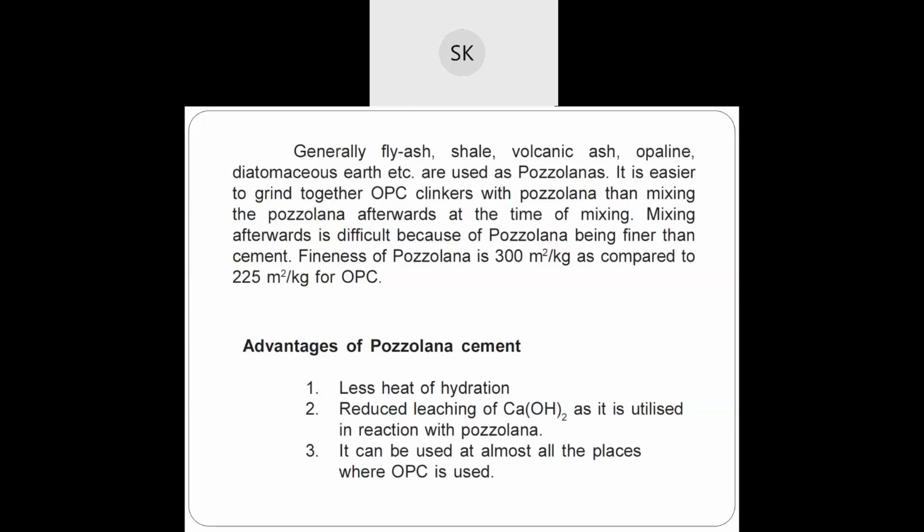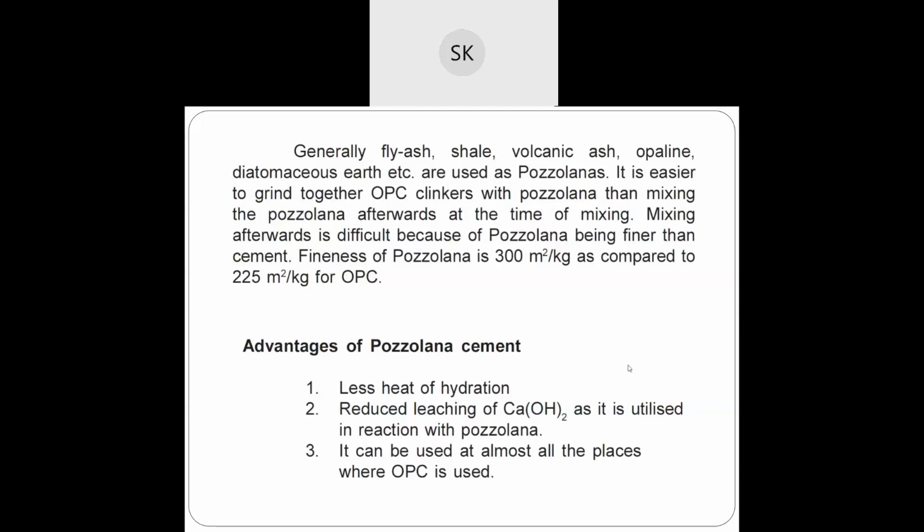Earlier we studied that in slag cement you can add OPC and slag before making concrete. But in pozzolana you cannot add it at the time of mixing. You have to add the pozzolana in the clinker itself.